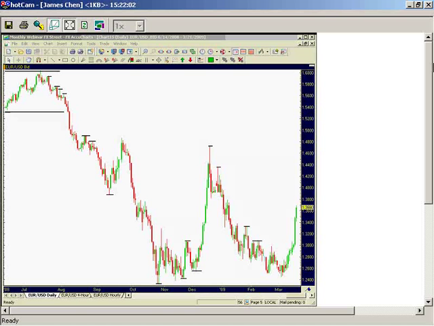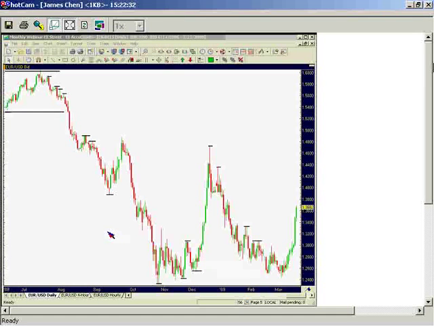When you have a double test in the direction of the trend, from a day trading perspective, that in itself would be a good way to get into a short-term trade like that, without a lot of confirmation, because if you're trading a short-term move, you don't have time to look for a lot of confirmations.